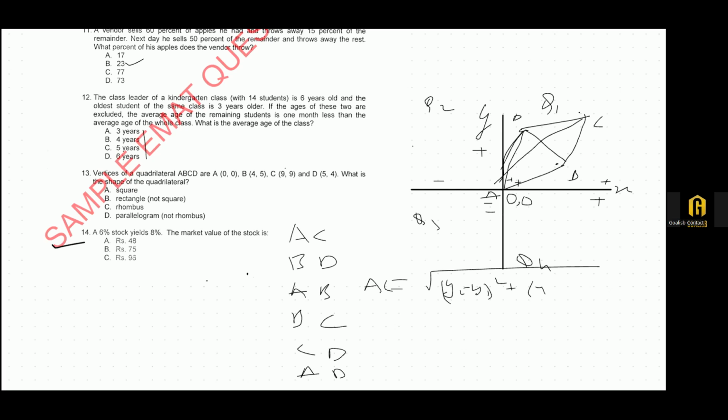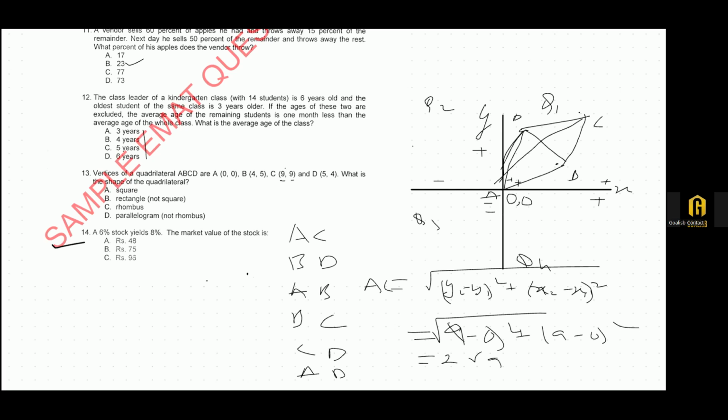For point C, x and y both are 9, and for A both the coordinates are 0. So 9 minus 0 square plus 9 minus 0 square will give us 2 root 9. So that is one of the diagonals.